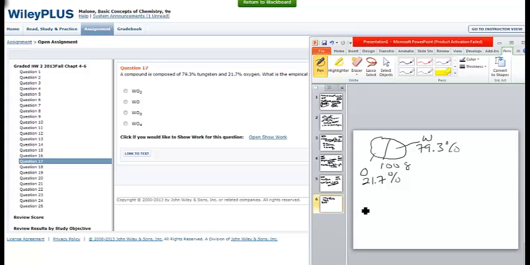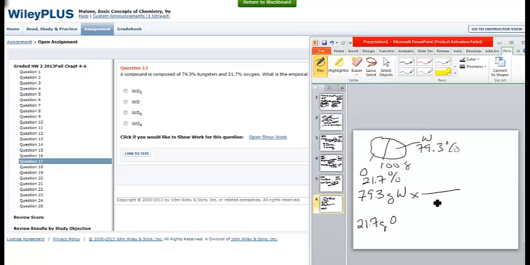Now I'm going to assume, just for simplicity's sake, that I have 100 grams in my sample, and that allows me to make these directly converted into grams. So I start with 79.3 grams in my 100 gram sample of tungsten, and I have 21.7 grams of oxygen. I need to convert each of these into moles.